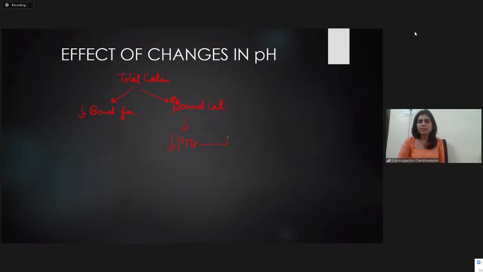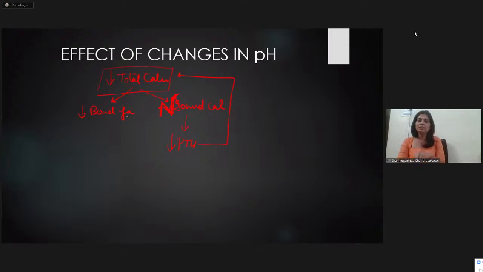Once parathormone secretion is decreased, what happens to total calcium? That is decreased. And the decrease in total calcium is in such a way that in spite of there being a decrease in bound fraction, ionized calcium level is normal. So the final set point is that the functional form of calcium, that is ionized calcium, is normal in the person, but total calcium is reduced. So if in your laboratory you are estimating total calcium, you're going to give a false low value.